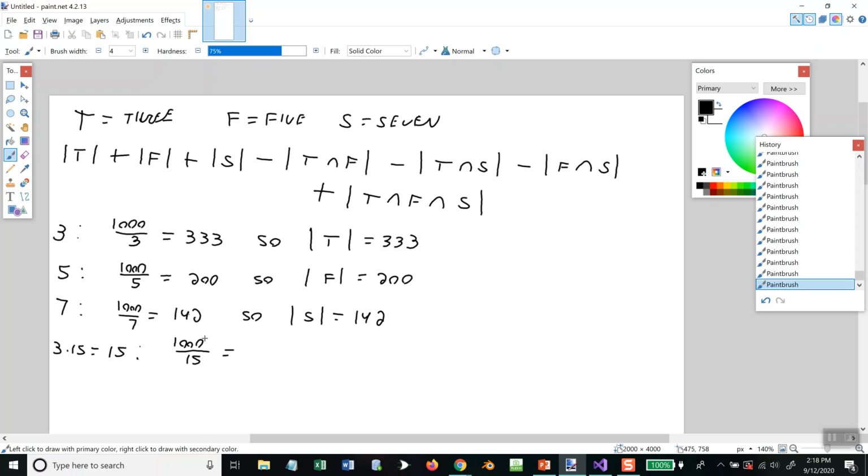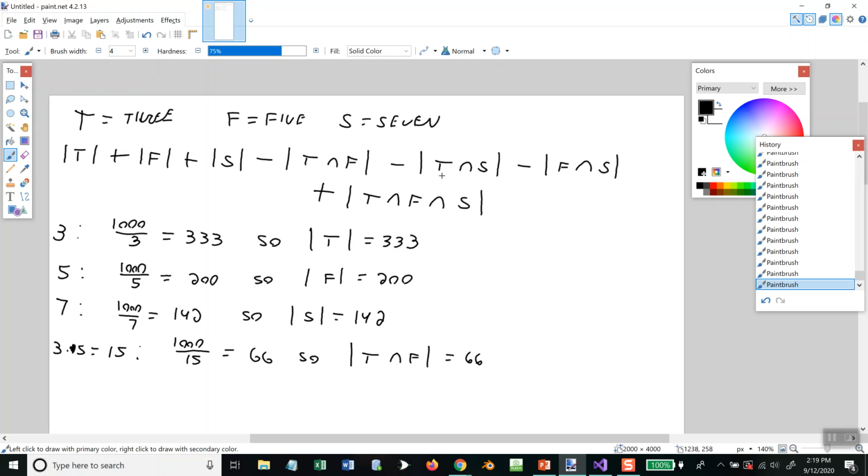That gives us 66. So the cardinality of, what was this one? This was T and F. Why did I put 15 there? That's 3 times 5. Okay. The cardinality of T and F is equal to 66.